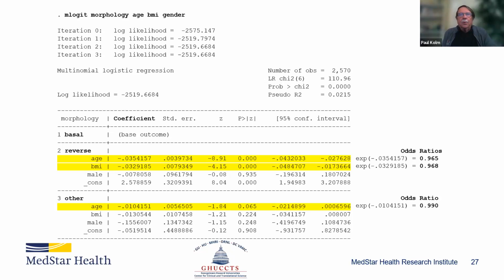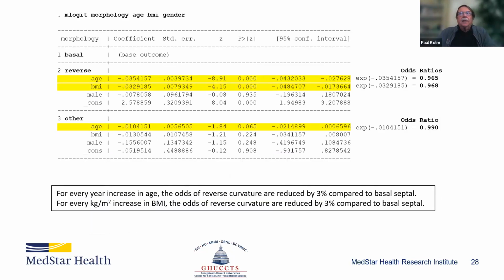And so the way that we would interpret that is that for every year increase in age, for example, the odds of reverse curvature are reduced by 3% compared to basal septal. And that comes from, because the odds ratio is less than 1, to get that percent, we're just going to take 1 minus the odds ratio.